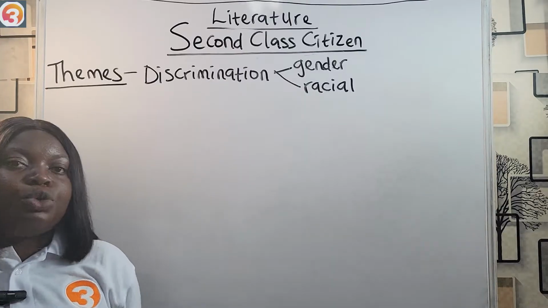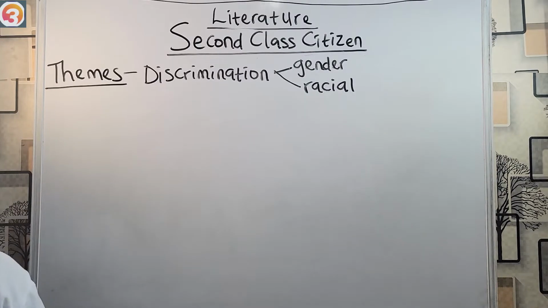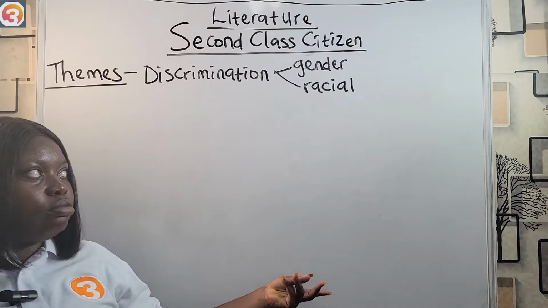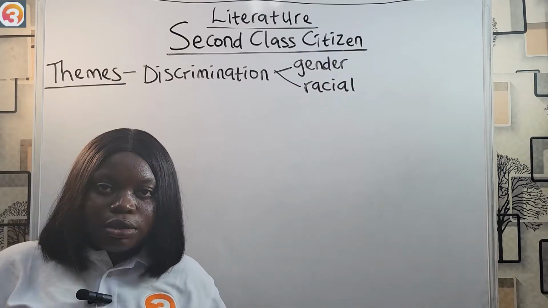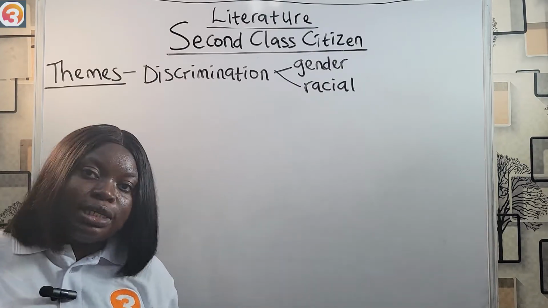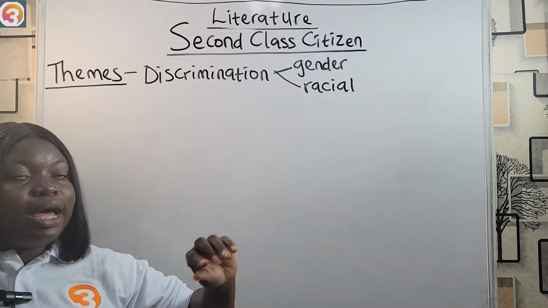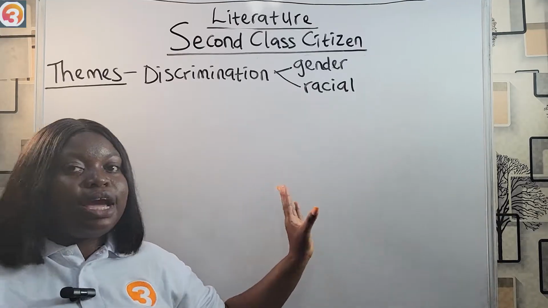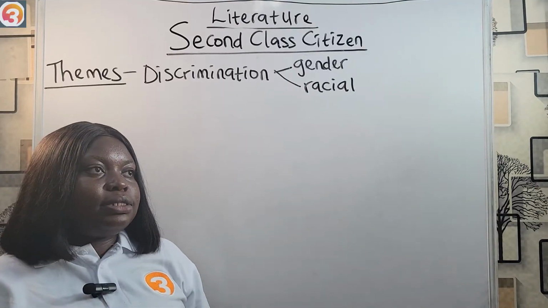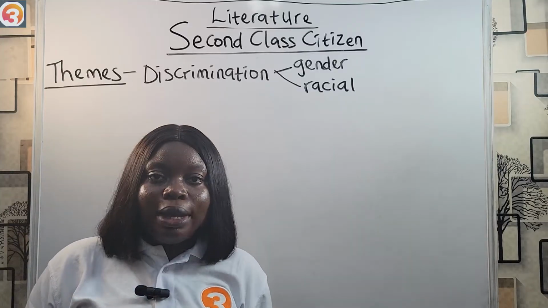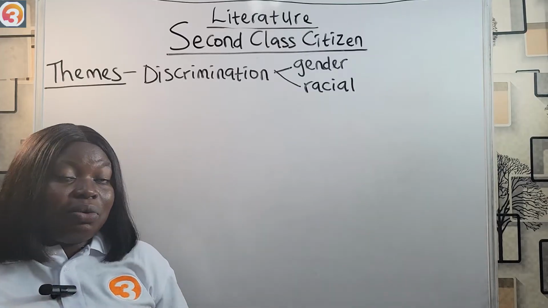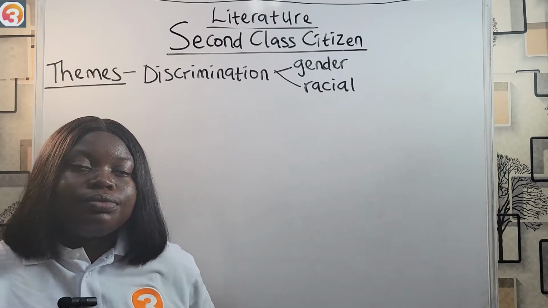In fact, people don't even celebrate giving birth to a girl child because as far as they were concerned, especially in Igboland where the protagonist Ada is from, a male child is seen like four children in one, whereas a girl child is seen like, okay, we have a child.